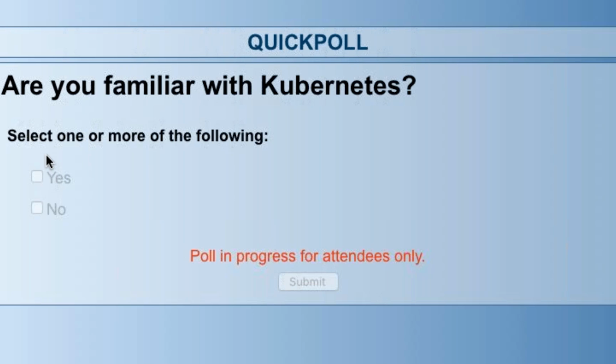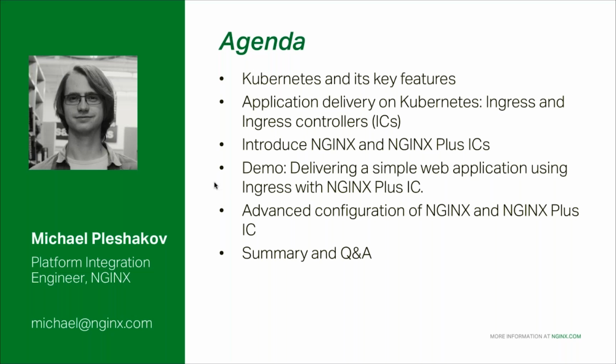In the demo, we will deliver a simple web application. At the end, we'll talk about advanced configuration methods. Those methods will help you support a wide range of advanced application delivery use cases. And finally, we will answer your questions that you can ask during the webinar.